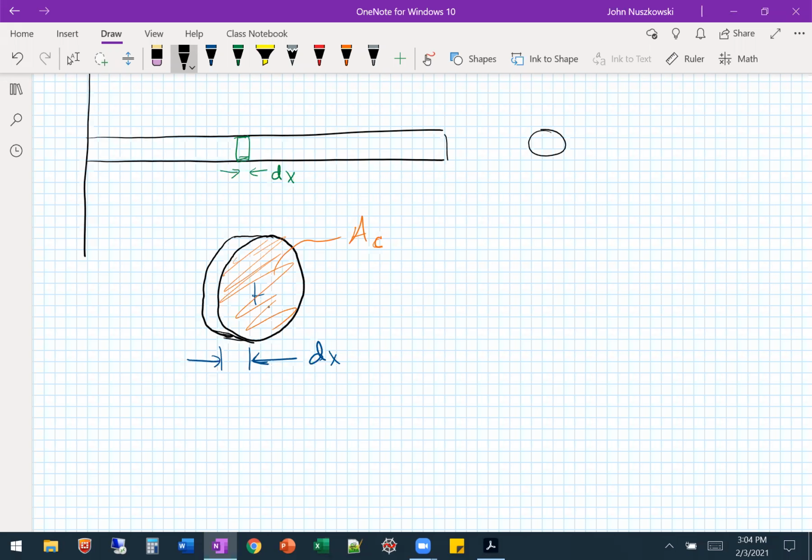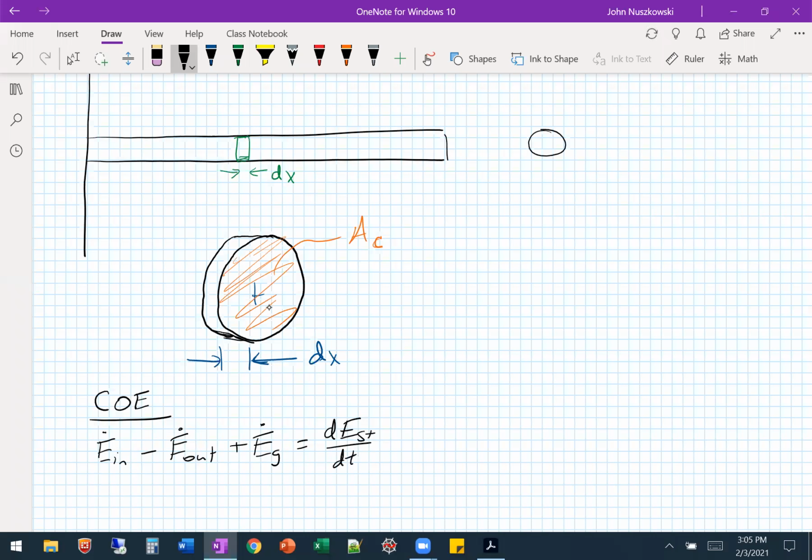Because now we have conduction and convection combined at the same time, so we've got to go back to the COE. So in the COE, here we have energy in, out, generated, change in energy stored, right?